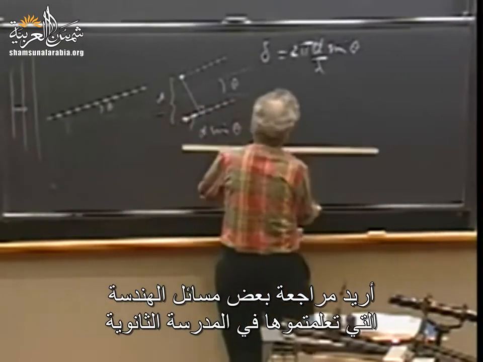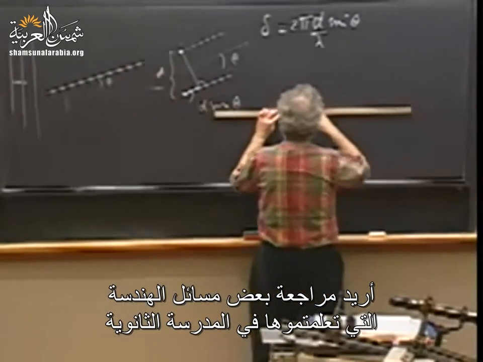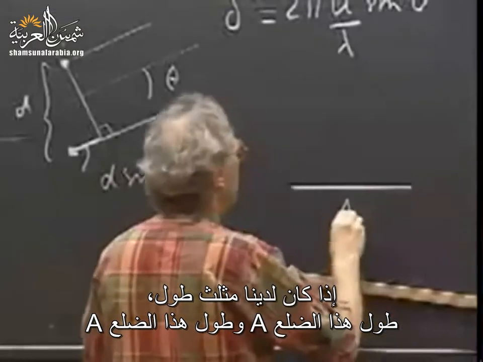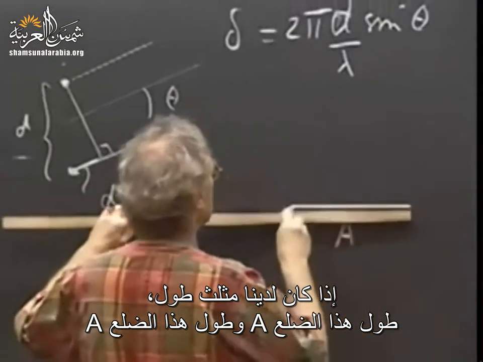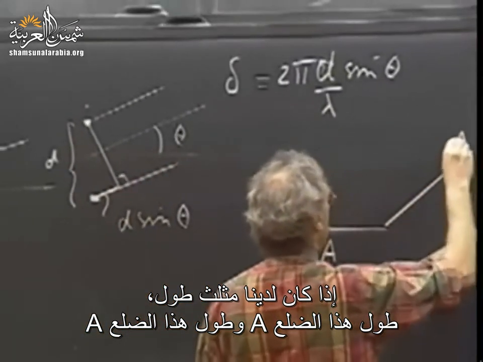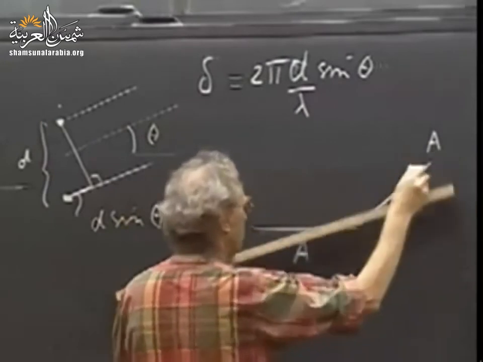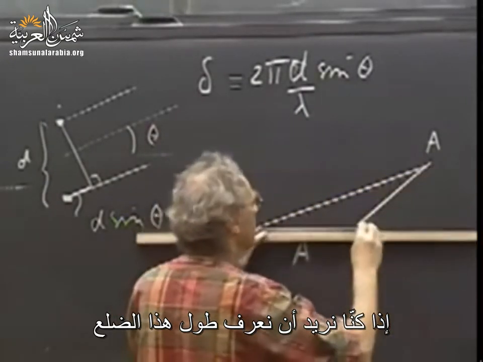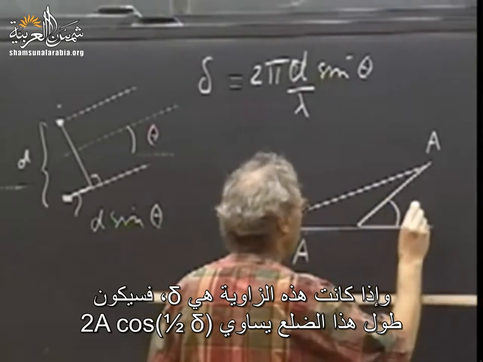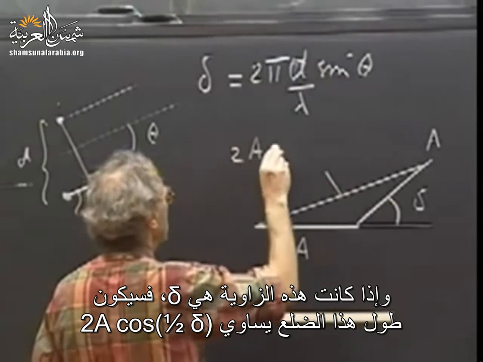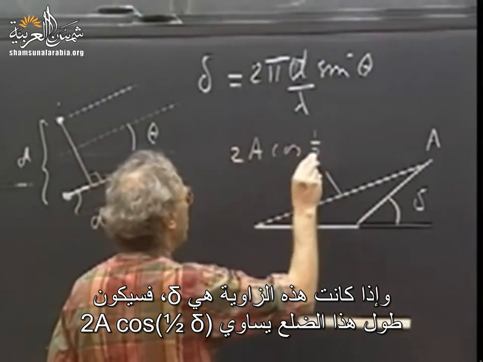I first want to revisit some of your high school geometry. If you have a triangle, and this side is A, and this side is also A, and if you want to know what this one is, and if this angle is delta, then this side here is 2A times the cosine of 1/2 delta.